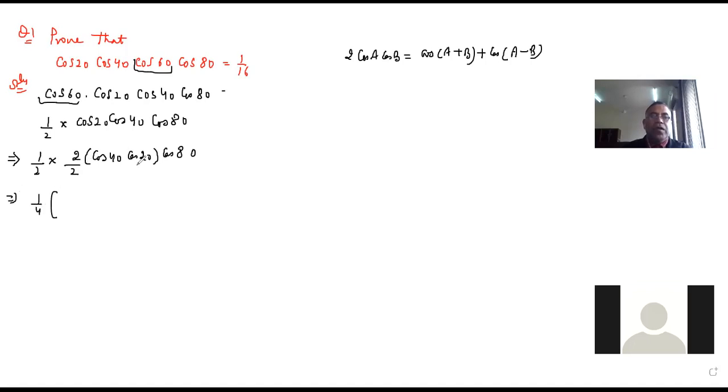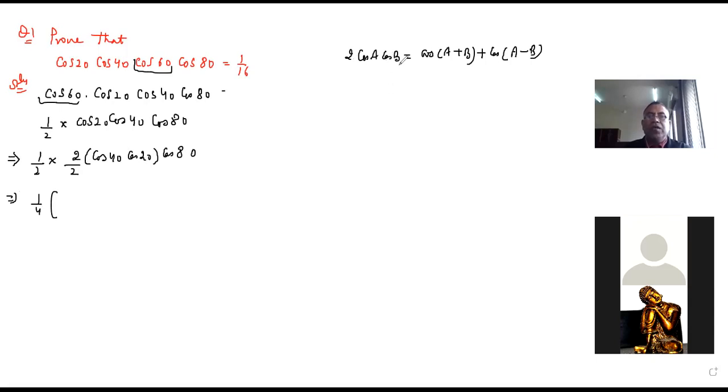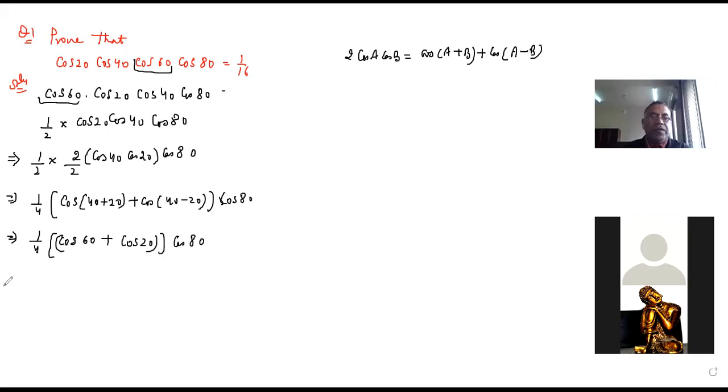Now this is 2 cos 40, cos 20. So 2 cos A cos B, it will be cos A plus B, 40 plus 20, plus cos A minus B, 40 minus 20, is to cos 80, which implies 1 by 4 cos 60 plus cos 20 is to cos 80.